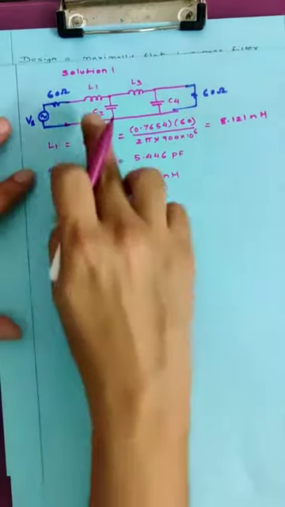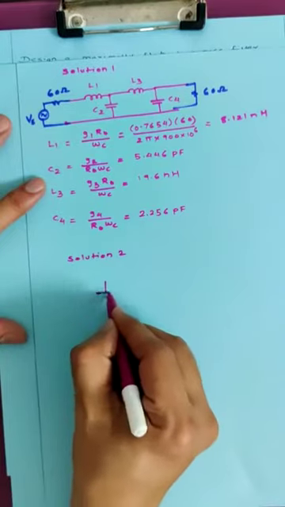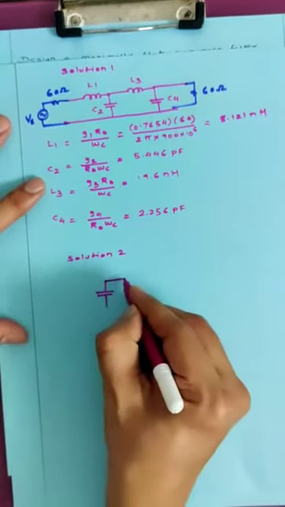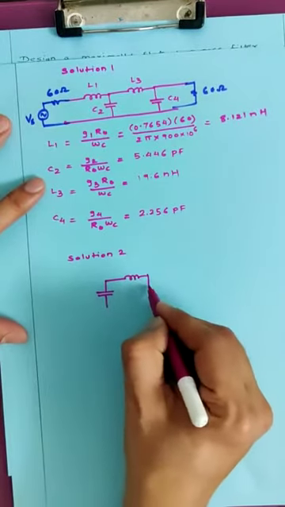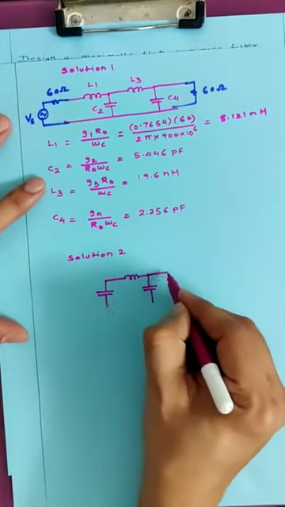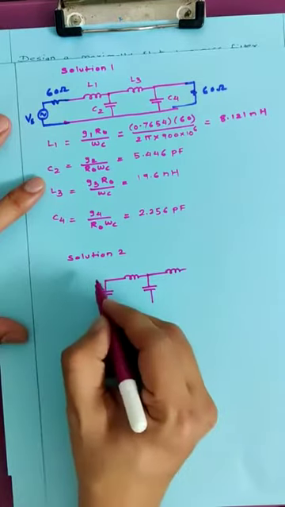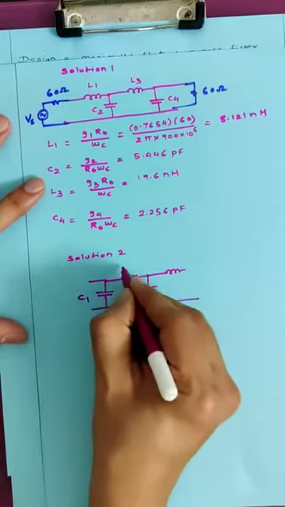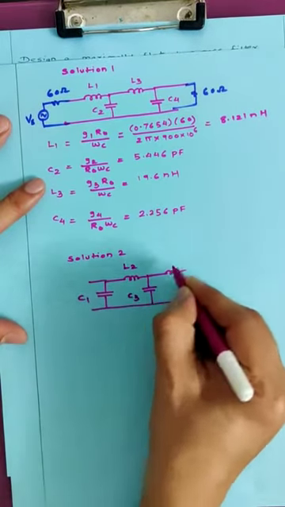In solution 2, the first element I will consider as a capacitor in shunt arm because this is a low pass filter. The second element will of course be the series inductor, then again a parallel capacitor and then a series inductor. So here I will have C1, L2, C3 and L4.